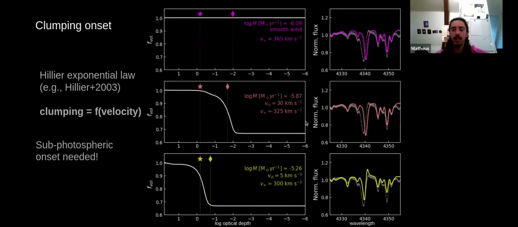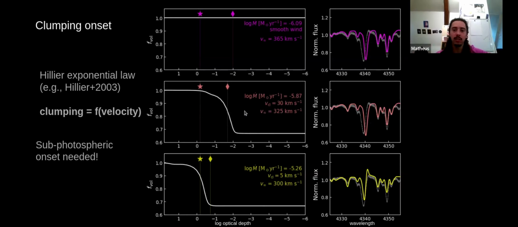But where the profile starts to go towards this value changes. Here, this characteristic onset velocity is 30 kilometers per second, so further out in the wind. And here you see that it's essentially the same as a model without clumping.